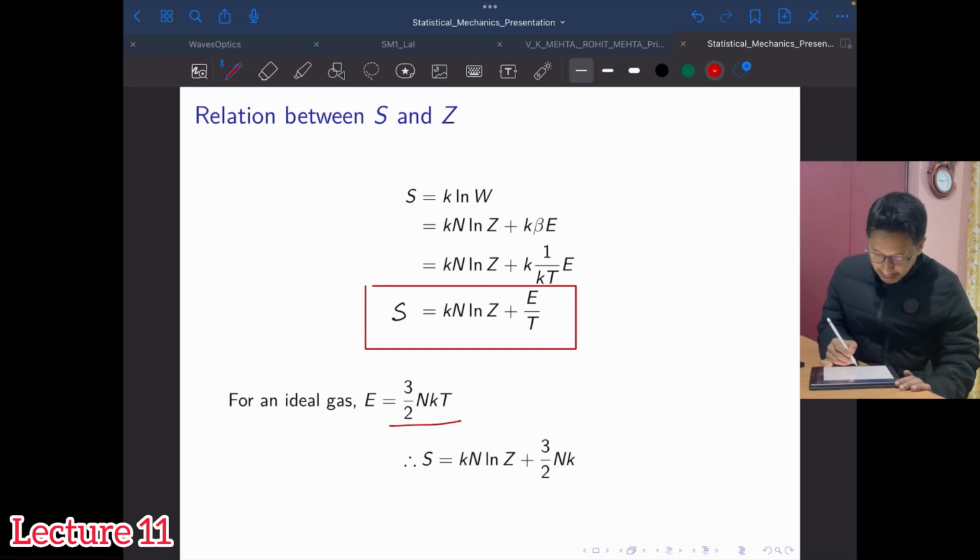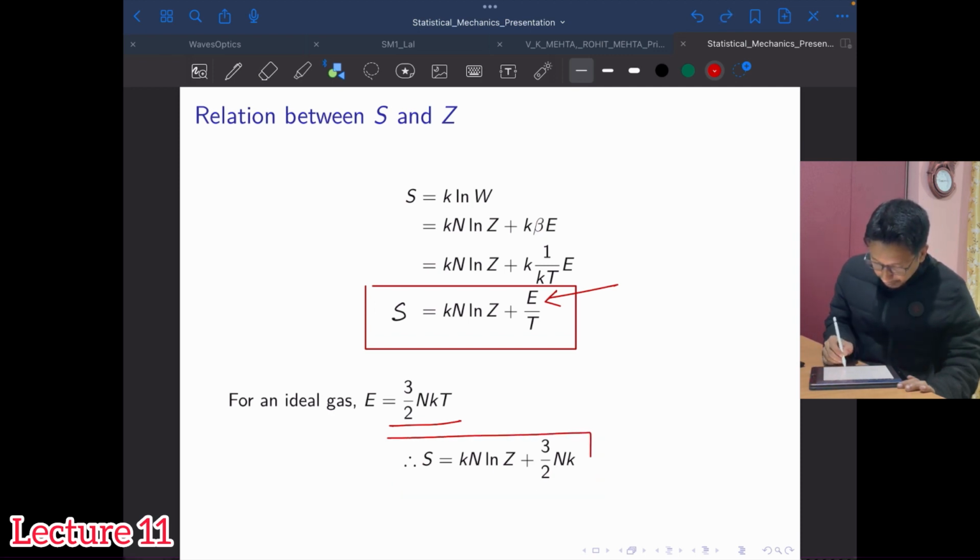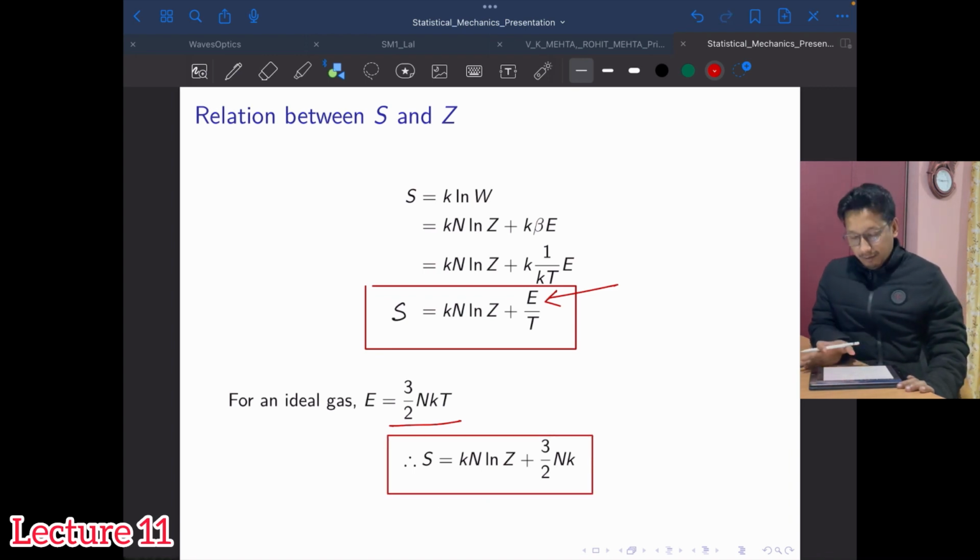So I can substitute for this energy E by this expression for an ideal gas, so E is replaced by 3 by 2 nkT. The T and the temperature down below will get cancelled out, and I will remain with this. So the relation of entropy with partition function for an ideal gas is given by this particular formula.